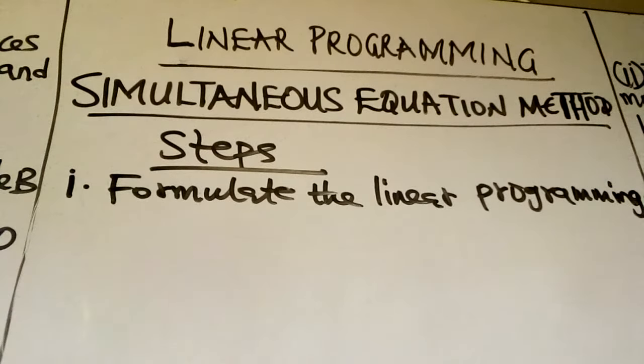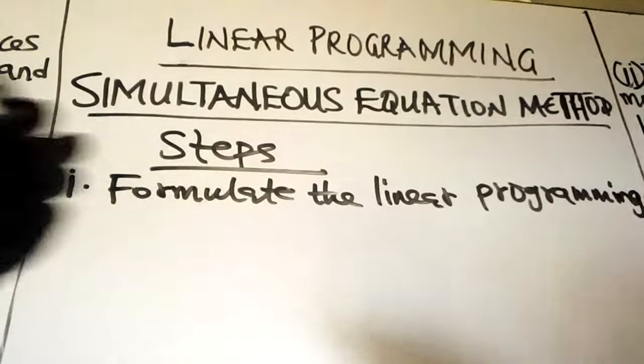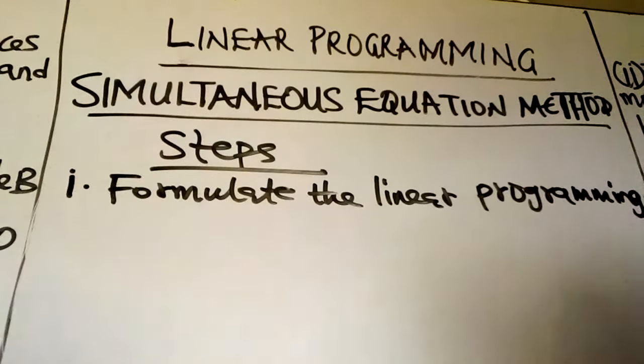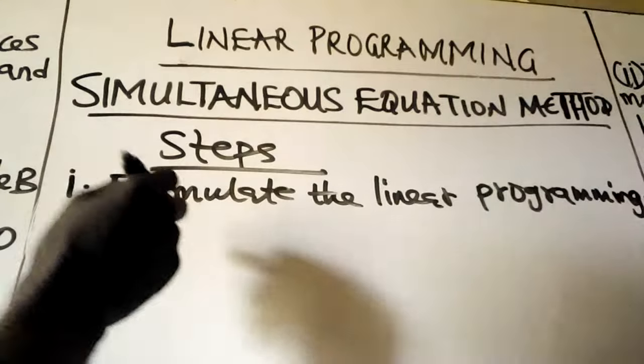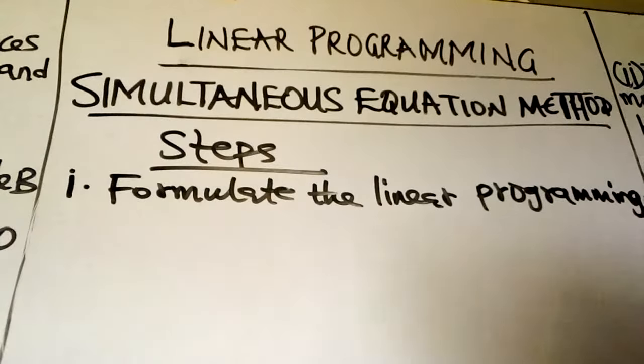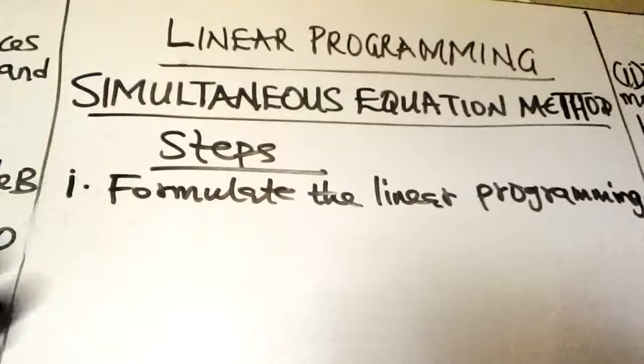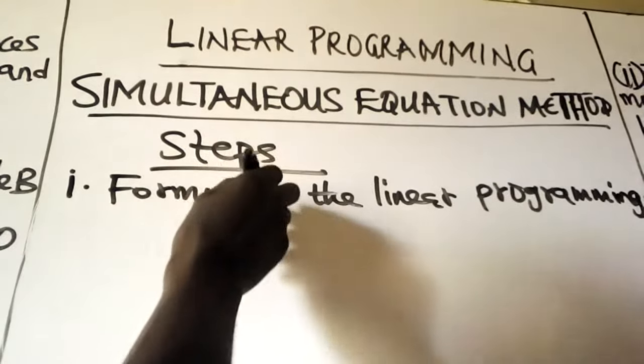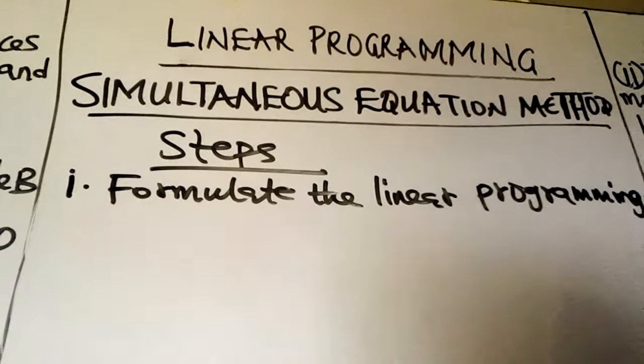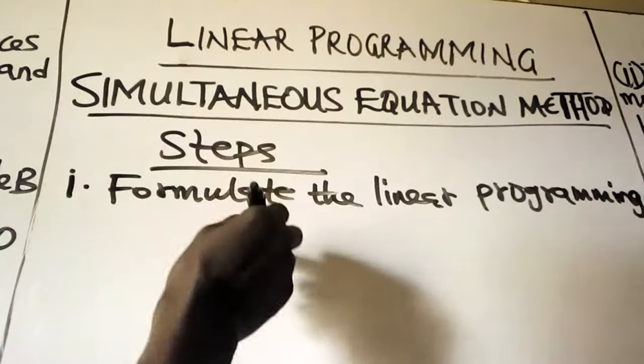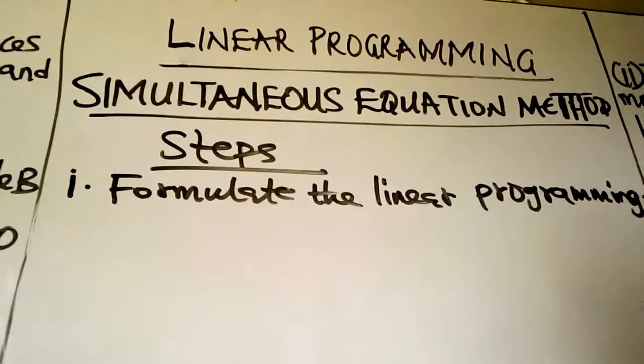I've told you that to formulate a linear programming, the first step is to define the variables. Then step 2 is to define and formulate the objective function, which could be either a maximization objective or a minimization objective. Then the third step is to formulate the constraints. The fourth step is to identify the non-negativity, and the fifth step is to solve the problem.